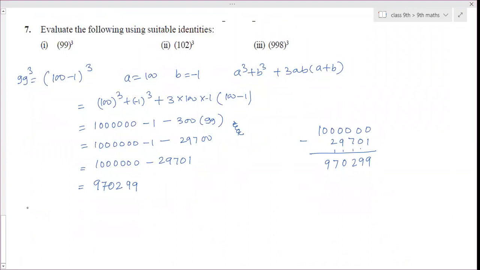Then 102 cube will become 100 plus 2 whole cube.